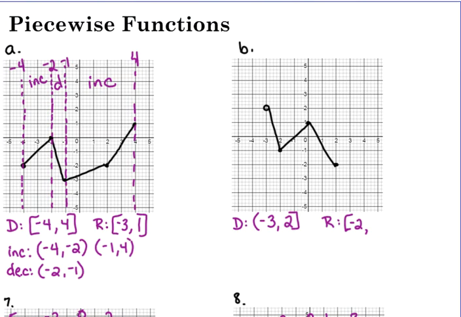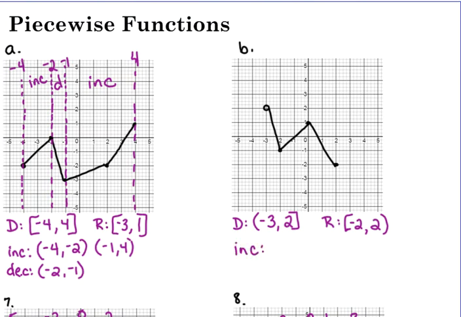We stop at +2, but that's where that circle was, that open circle, that hole. So we don't actually equal a y value of +2. We get really close to it, but we don't actually equal it. So we put a parenthesis there. So just a little difference there with the domain and range because of that open circle.